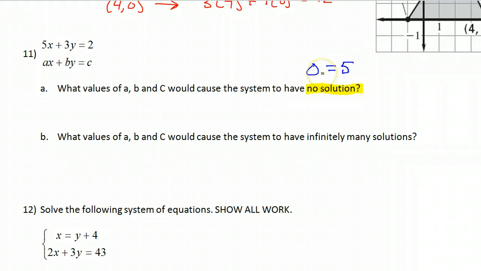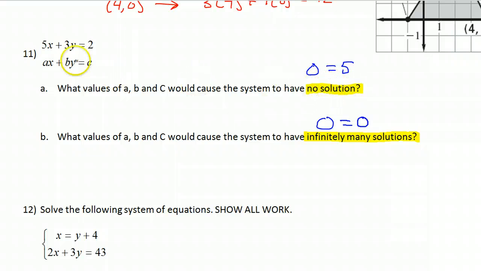When you have a false statement, all the variables have to cancel out, but it can't be 0 equals 0, because that would be how you have infinitely many solutions. Infinitely many solutions is when everything cancels out, even the constants, and you have things like 0 equals 0, or 5 equals 5.